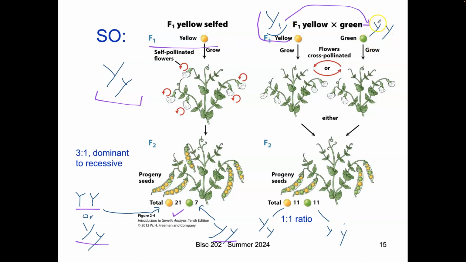So they would have two of these particles or factors, but they would both be the same. And he predicted, if this is the case, we would expect that half of the time we had heterozygous individuals, and they would be yellow, and the other half of the time we would have homozygous individuals, and they would be green, and that is indeed what he got.